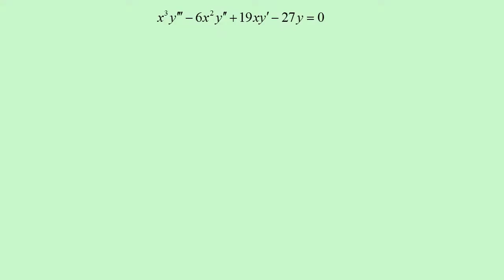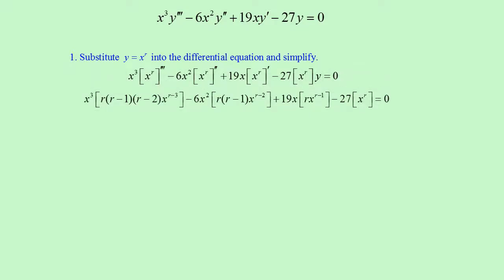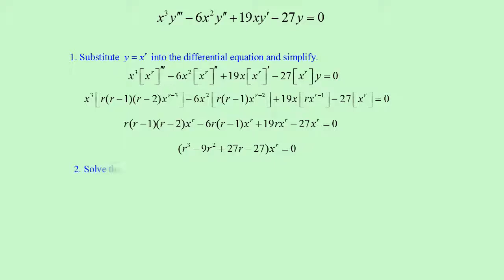Again, for this one, we make the substitution y equals x to the r, along with its derivative, second derivative, and third derivative. Perform all of the necessary algebra. Get our indicial equation, r cubed minus 9r squared plus 27r minus 27, and solve that. These are usually things that you can solve by hand if you know how. Also, you can use your calculator.